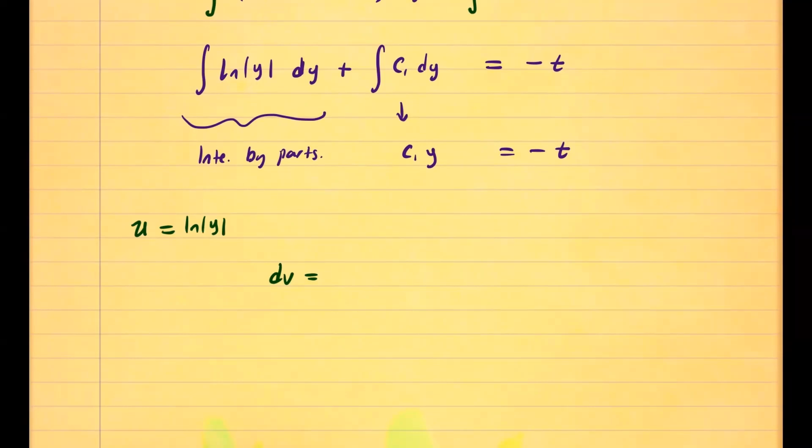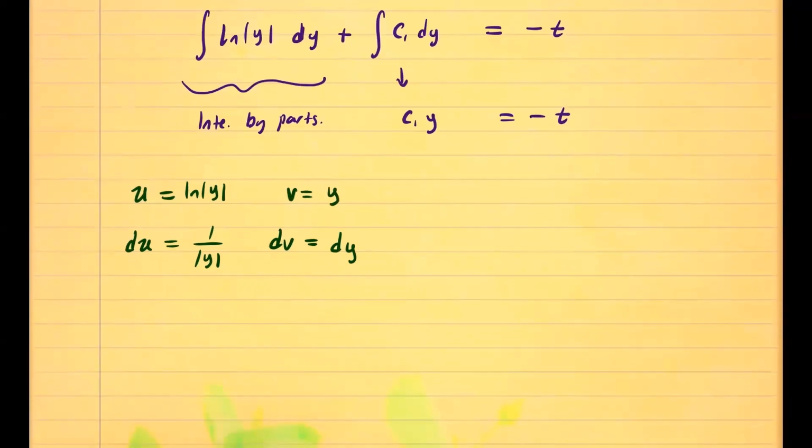I'm going to carry along thinking y could be anything really, so I'm going to keep the absolute value for now. Then the derivative of u will be 1 over absolute value of y. Then dv has to be dy. So then v, when you integrate dy, you'll have y.